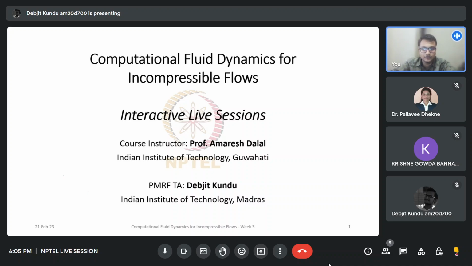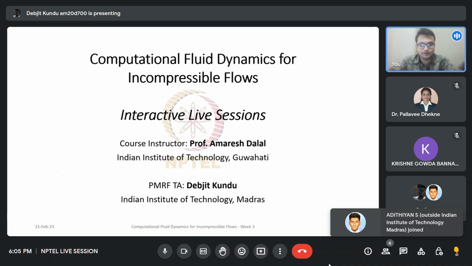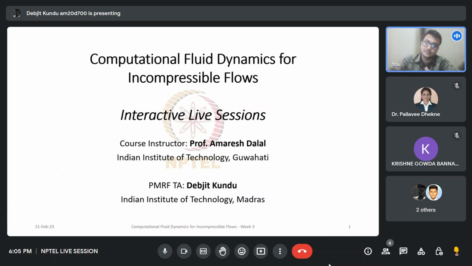So, like every week, we will be solving some sample problems together. This week, our topic was the finite difference approximations of different partial differential equations, which is a very crucial step in CFD. Moving forward, we try to solve those discretized equations using different numerical methods.